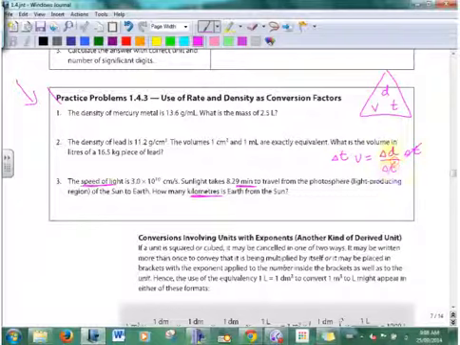T cancels out. Okay, so distance is the product of velocity and time. Okay? If you like using this thing, distance is the product of velocity and time. Velocity is d divided by t, or time is d divided by v. That's how that little triangle works.